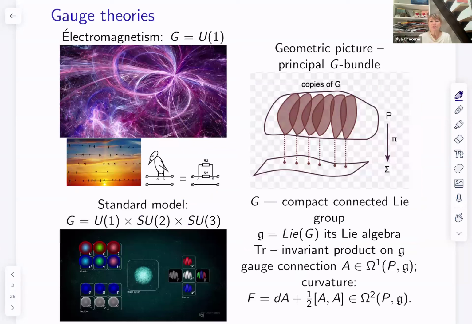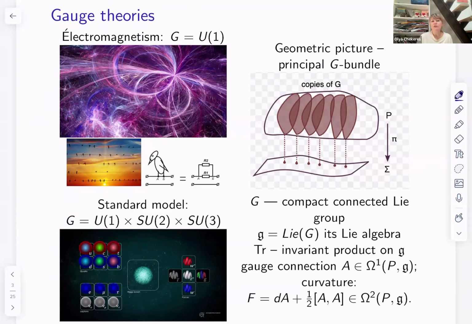So Wilson surfaces are mostly observables arising in the context of gauge theories. And gauge theories, as I'm sure you know, I will just give a brief reminder. From the physics point of view, they are at the core of our current understanding of the laws of physics.